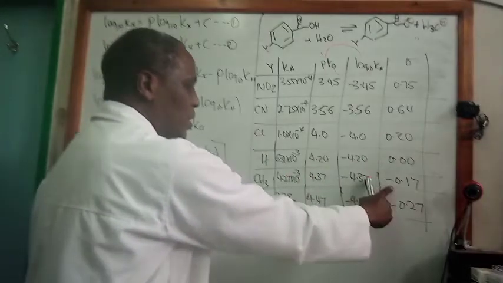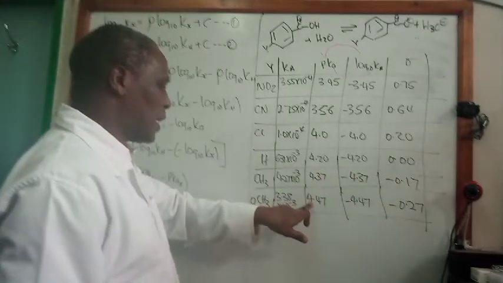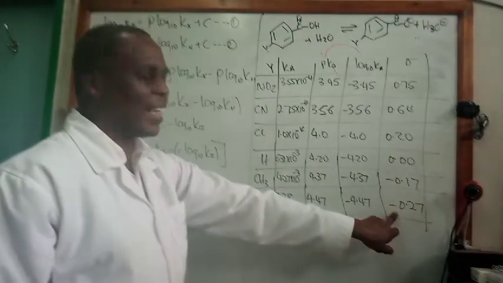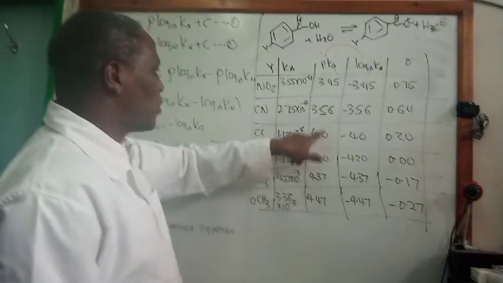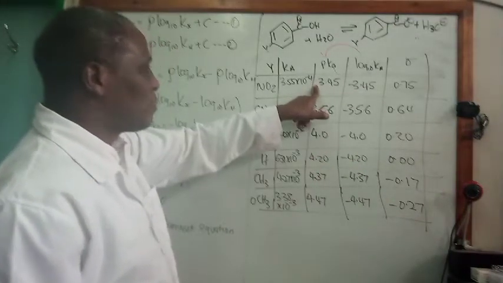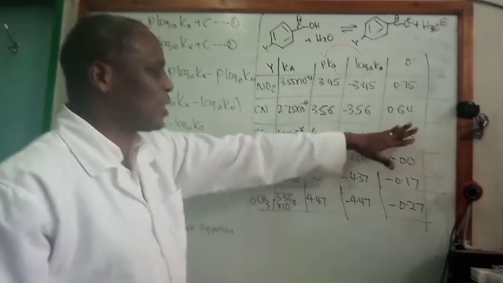So I'm going to get what? Minus 0.17. And for this, 4.2 minus 4.47, I'm going to get negative 0.27. So if I'm going to get 4.2 minus 3.5, I'm going to get a positive figure.